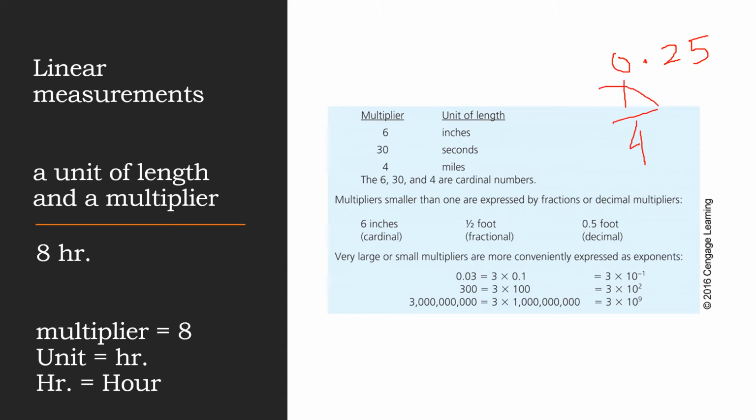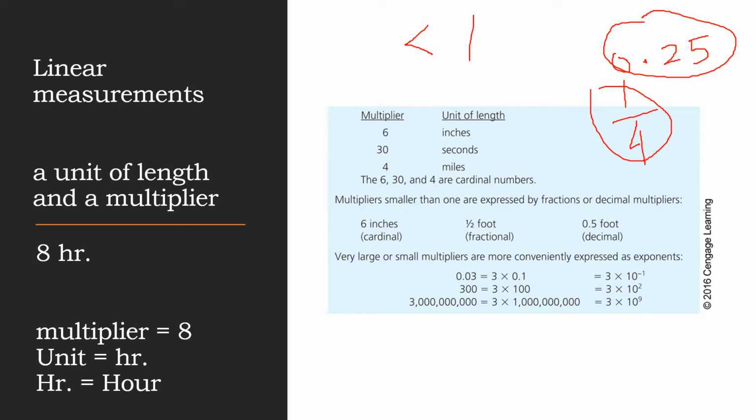So this is called fraction, and that is called decimal. Fractions or decimal multipliers are for those smaller than 1, less than 1. I'm just gonna write it back here. Less than 1.